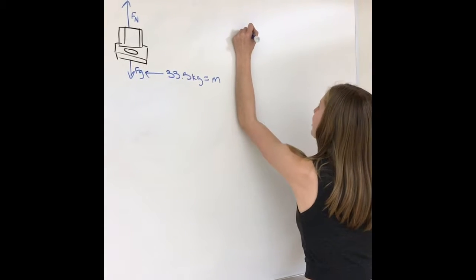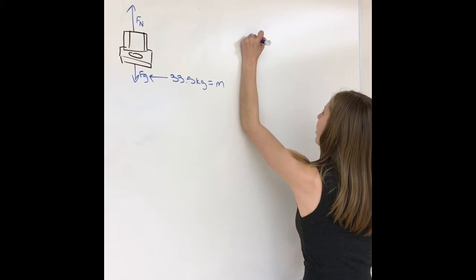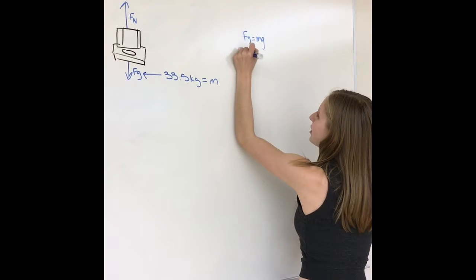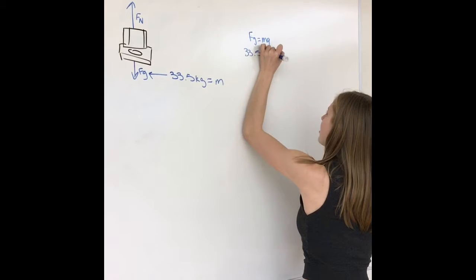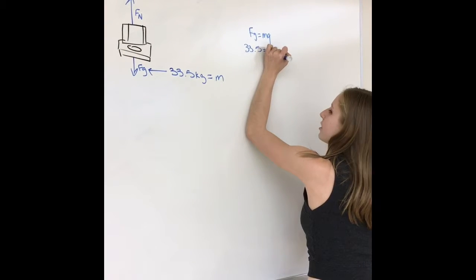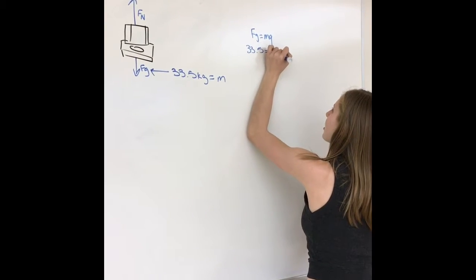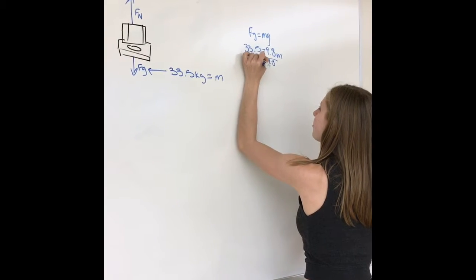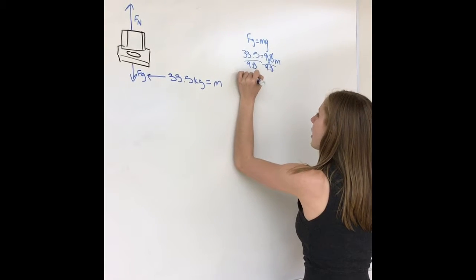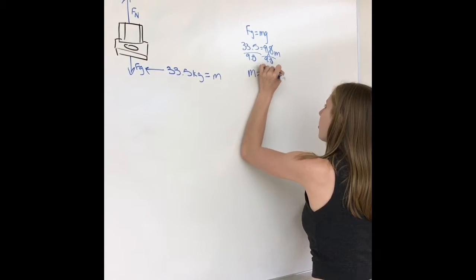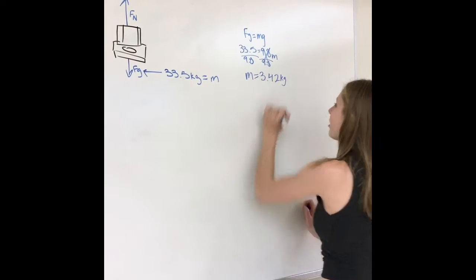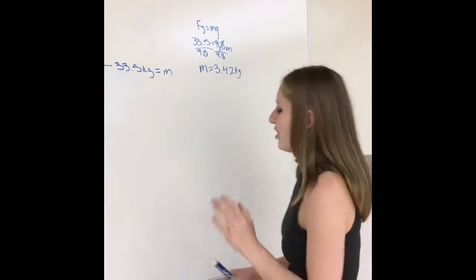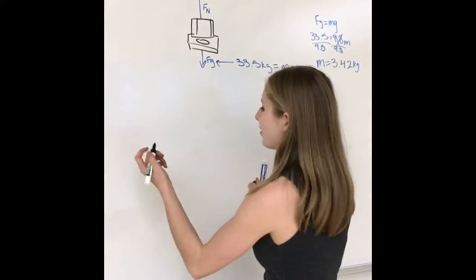So we know that the force of gravity is 33.5 and that gravity is 9.8, so mass is 33.5 divided by 9.8, and the mass is 3.42 kilograms. Okay. So now we're going to do the 4 points of the acceleration.